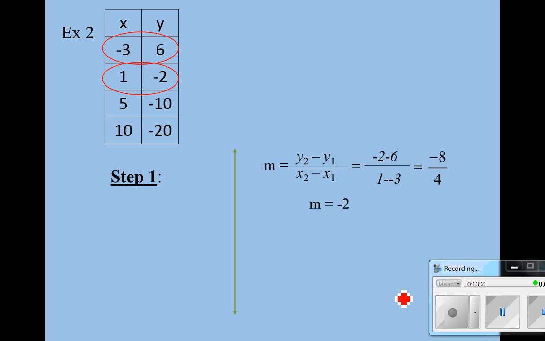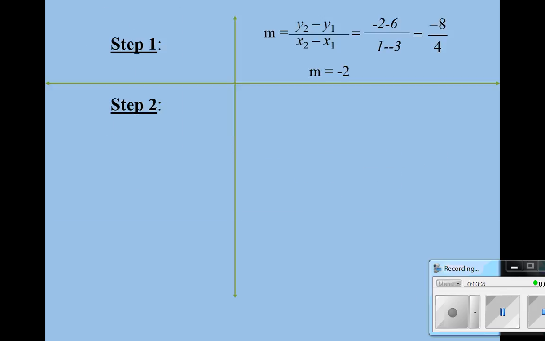Now let's start with step 2. We need just one of the ordered pairs. I'm going to choose this ordered pair. You may choose whichever one you would like to use. It doesn't matter, you will still get the same answer if you do it correctly. We're going to substitute the x, the y, and the m into our equation so we can solve for b.